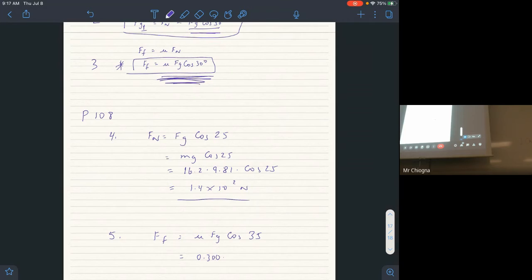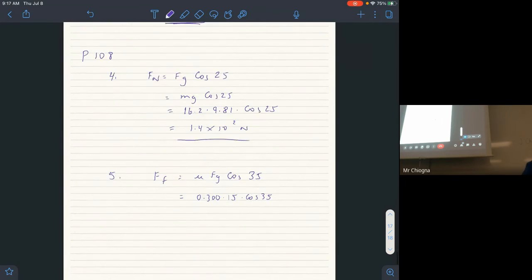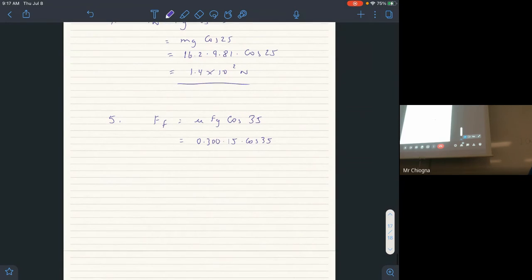We're told it's a 15 newton object. Whenever they spell out that an object is so many newtons, that means it's the Fg. That's the Fg. Okay, that works out to be 3.7 newtons.